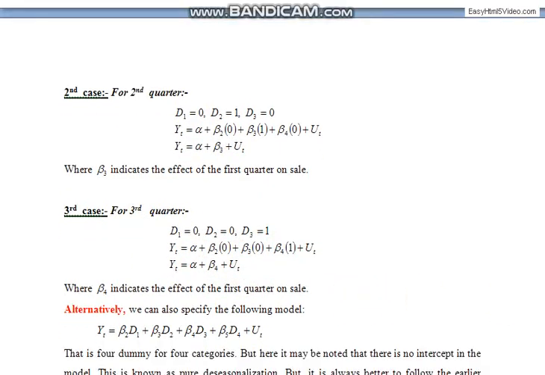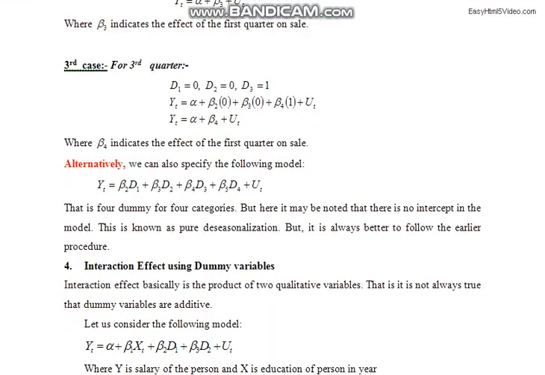Alternatively, the above deseasonalization process can also be solved as follows. In this case you can specify the following model. Here you are specifying 4 dummies for 4 categories, for 4 quarters: beta 2 D1, beta 3 D2, beta 4 D3 and beta 5 D4.